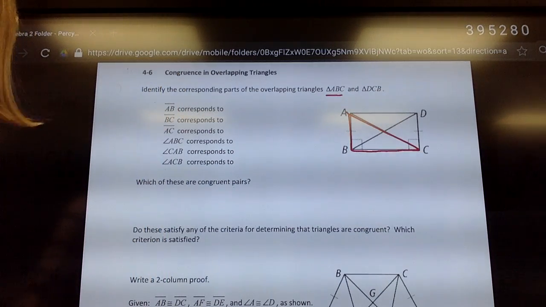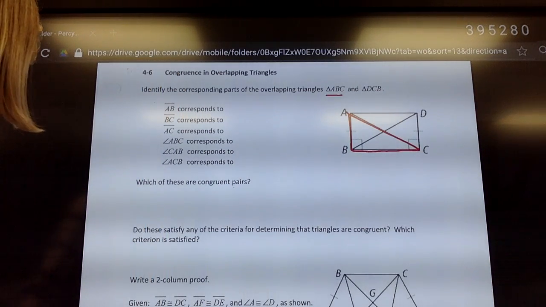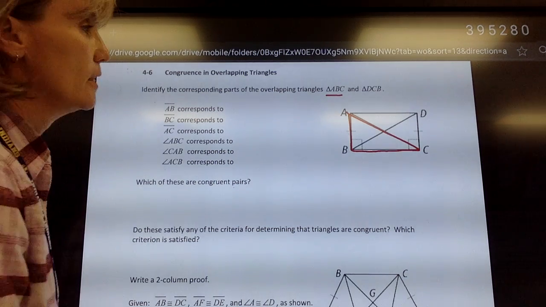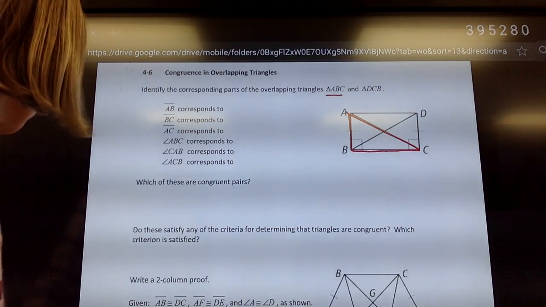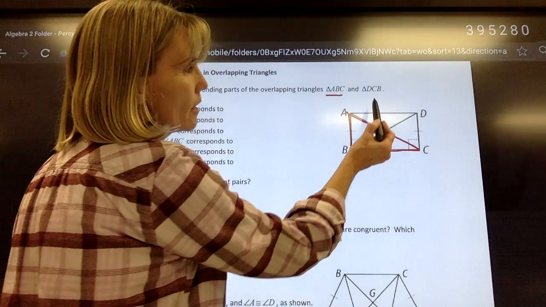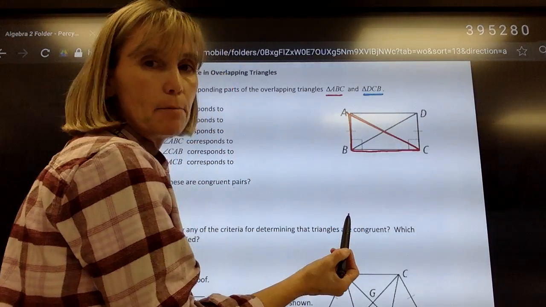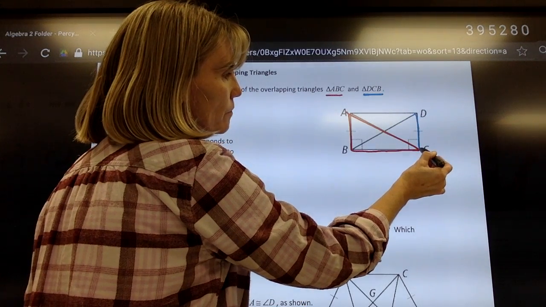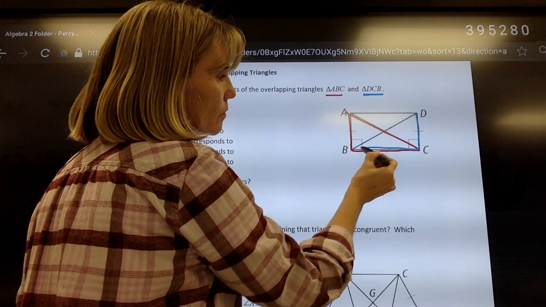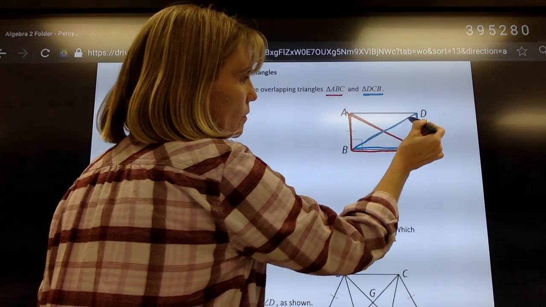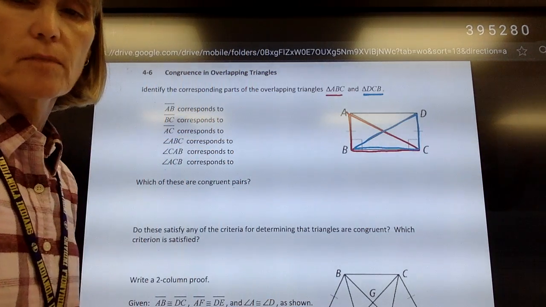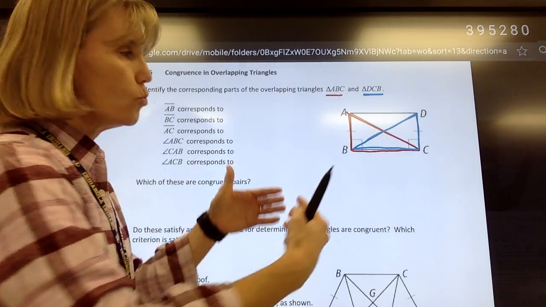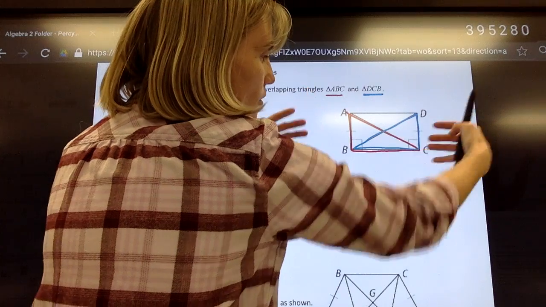Now I'm going to switch colors, and I'm going to make triangle DCB blue. So here's triangle D to C to B. You can see that there's a portion of that triangle that's overlapping. If you want to, you can try to visualize pulling those two triangles apart.